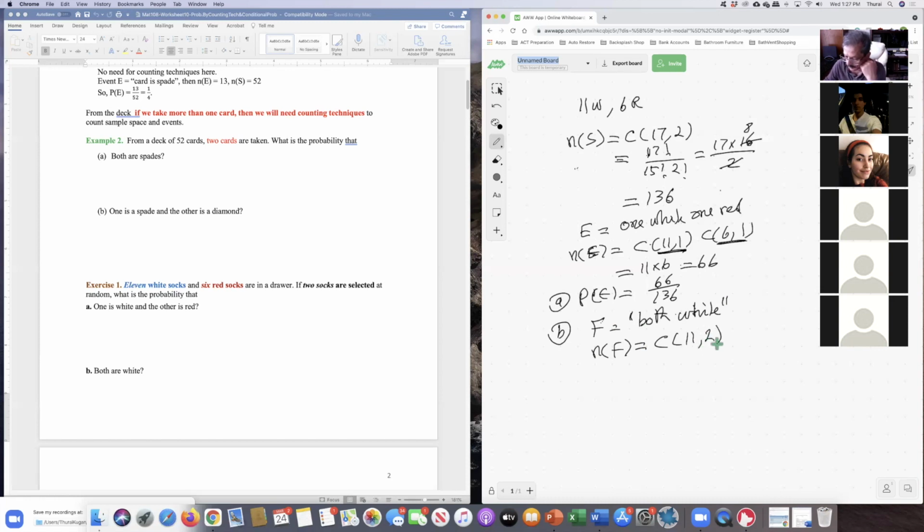So the number of ways of getting that is C(11,2), which is factorial 11 over factorial 9 times factorial 2, equal to 11 times 10 over 2. 2 divides this into 5. So we have 55. The probability of that is 55 over 136.